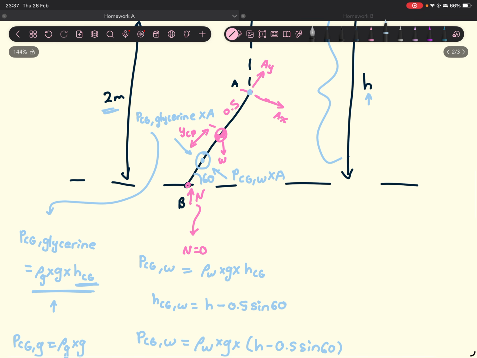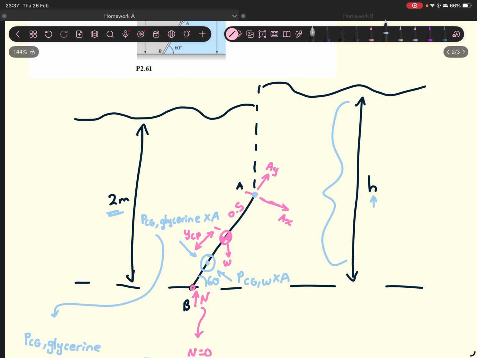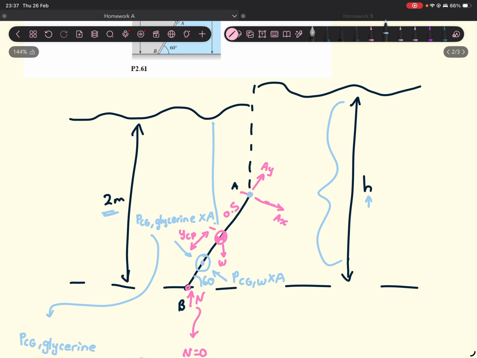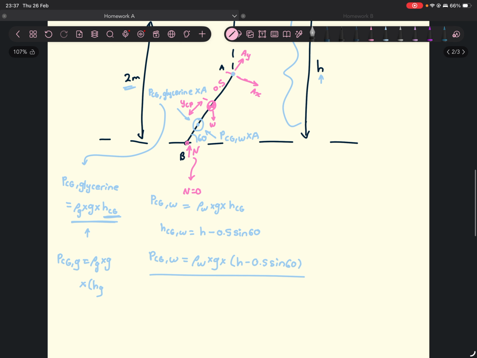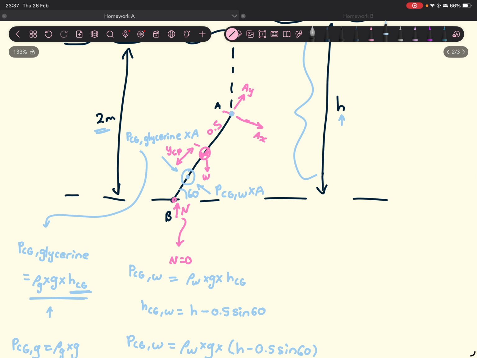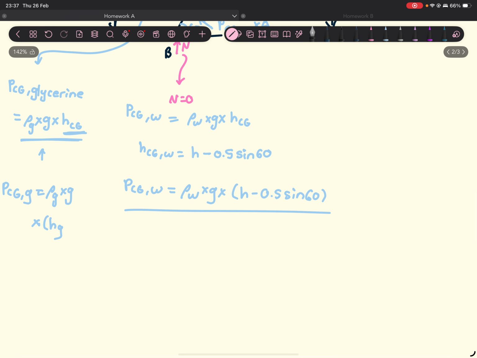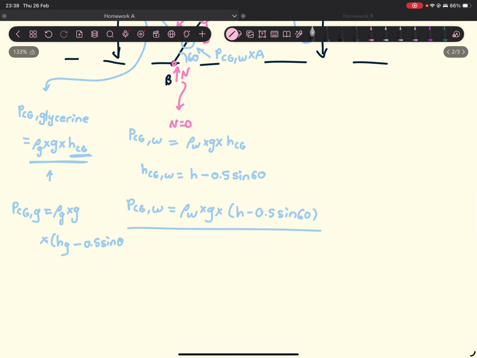And then we want the distance from the top surface to the center of mass, right? So in order to get that, we need to subtract whatever this distance is, which is 0.5 sine theta. So it's going to be HCG of glycerin, which is equal to 2 minus 0.5 sine theta. Okay. And theta is 60 degrees.